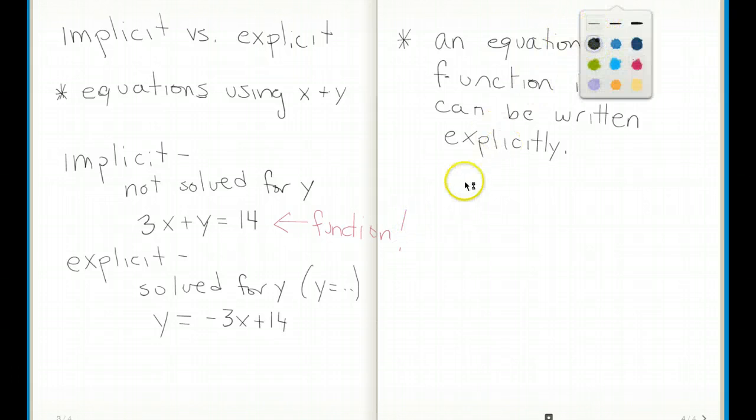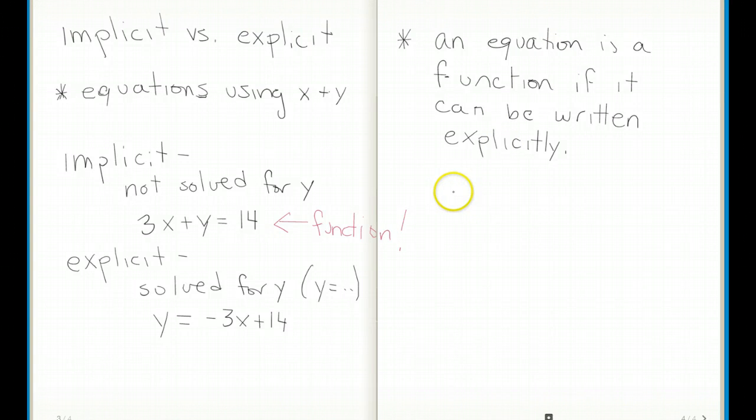Alternatively, what if I write something like x to the third plus xy plus y squared minus 16 equals 0? If I write something like this, it's not possible for us to solve this for y equals. Go ahead and try.